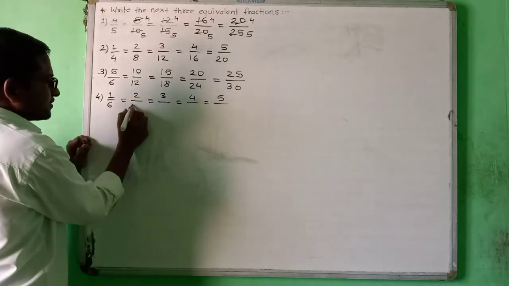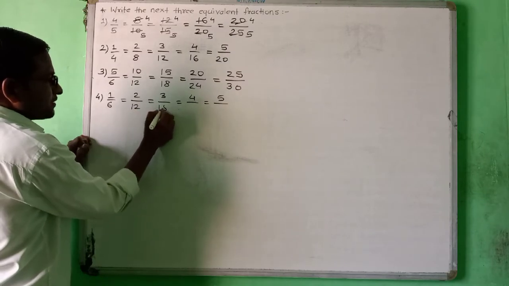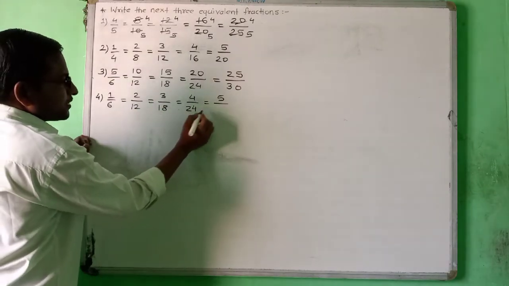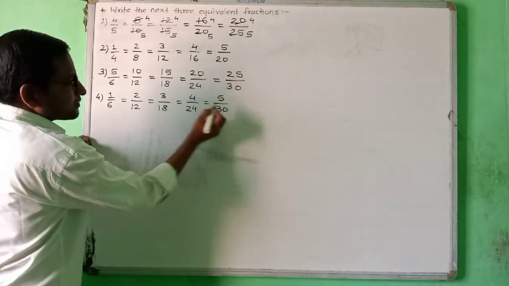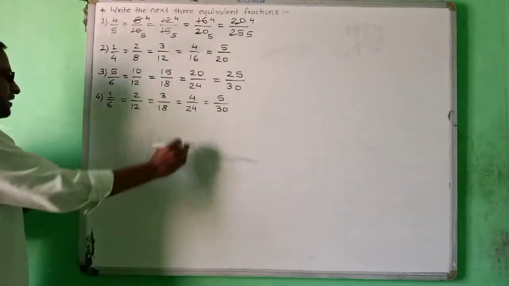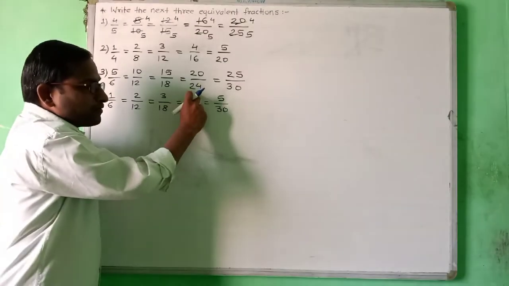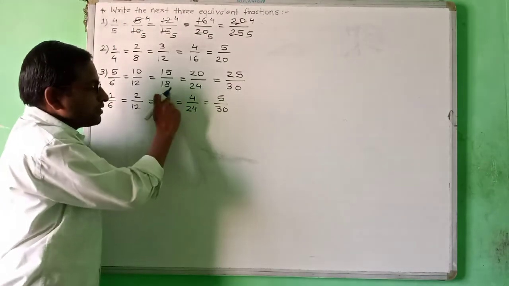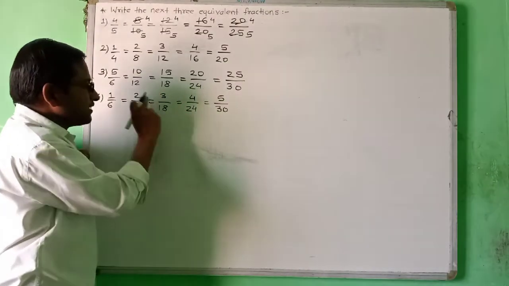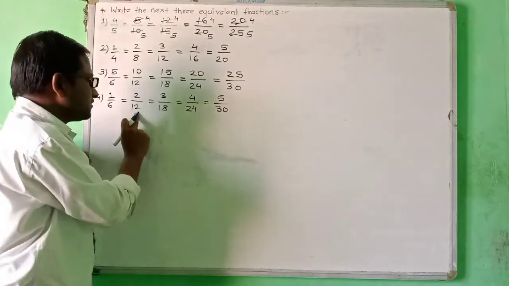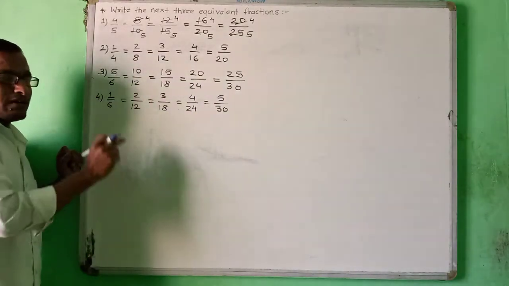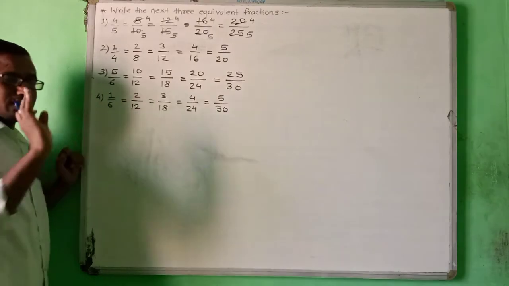In the denominator 6 2s are 12, 6 3s are 18, 6 4s are 24, 6 5s are 30. 5 1s are 5, 5 6s are 30, 4 1s are 4, 4 6s are 24, 3 1s are 3, 3 6s are 18, 2 1s are 2, 2 6s are 12. So all fractions have the same value, 1 upon 6.